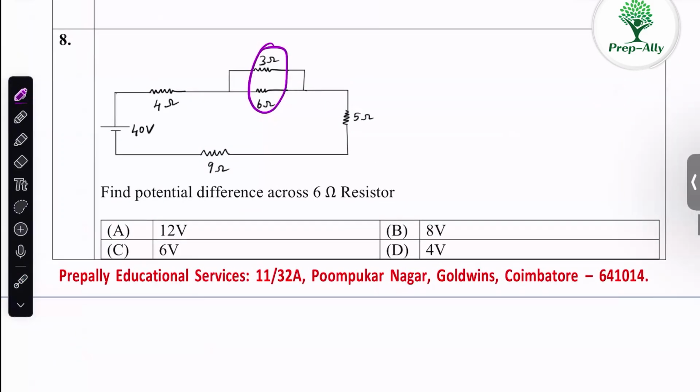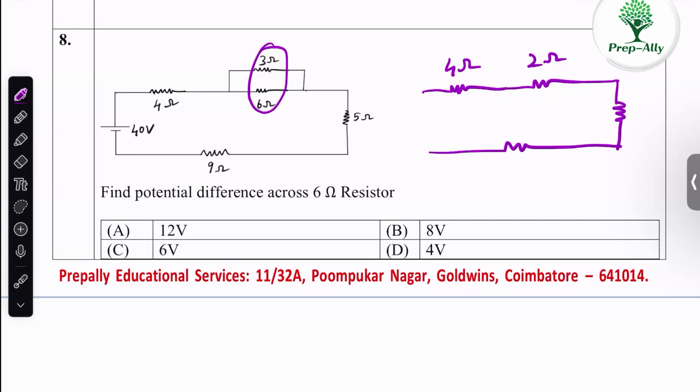These two you can combine and write as a single resistor. So 3 and 6 in parallel will become 2 ohms. And then 40 volts. So all these are in series.